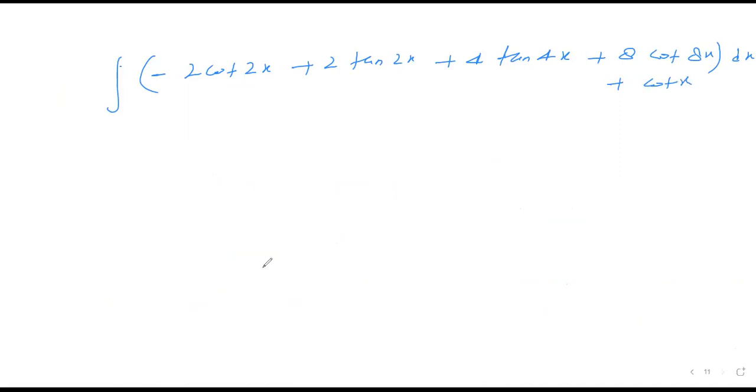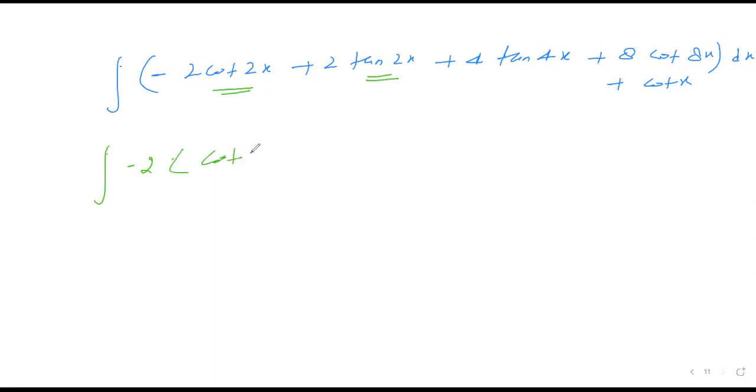Okay. Now you can see it is also in the form of cot 2x minus tan 2x. After rearranging, let's take minus 2 common from these two terms.